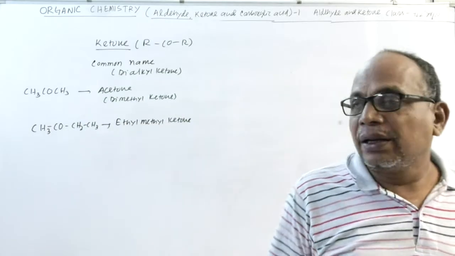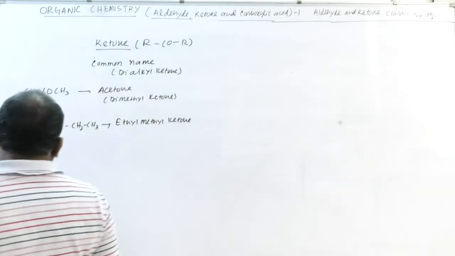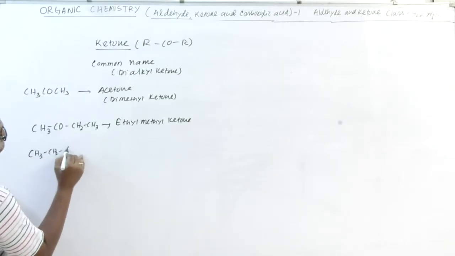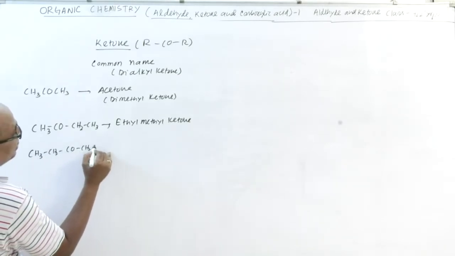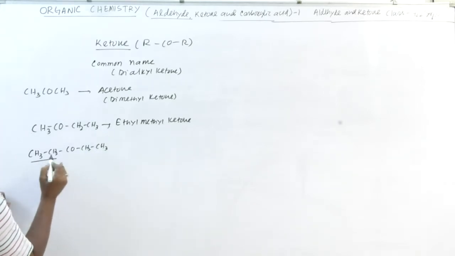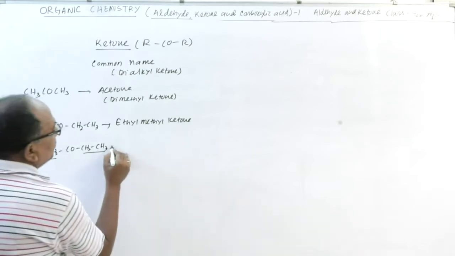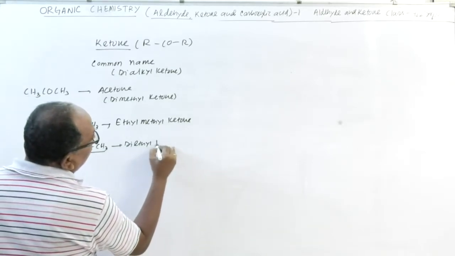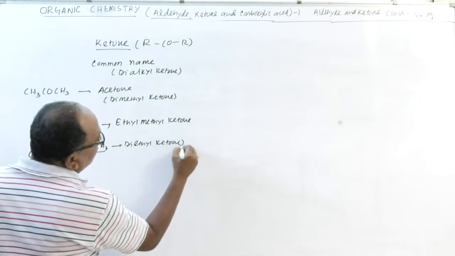Suppose you take CH3, CH2, CO, CH2, CH3, this is an ethyl group, this is an ethyl group. This is called diethyl ketone.